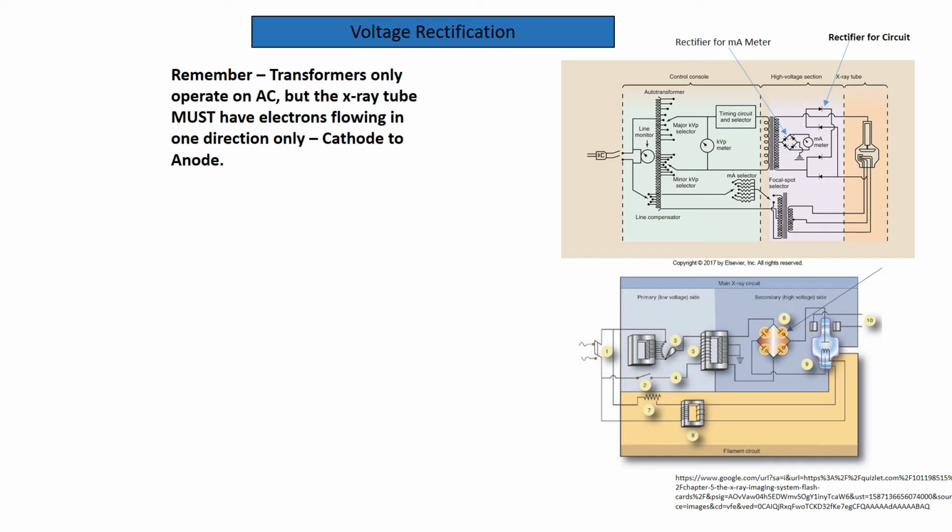You'll always know an MA meter by its location, and also it has this little drawing that's there, which is the grounding element. Remember, the MA meter always has to be grounded because it is on the control console, but now it's in the secondary or high voltage portion of the circuit, so it's got to have some type of means of being grounded. So the point being, that little diamond there is not the rectifier for the entire circuit. It's the rectifier for that little meter there.